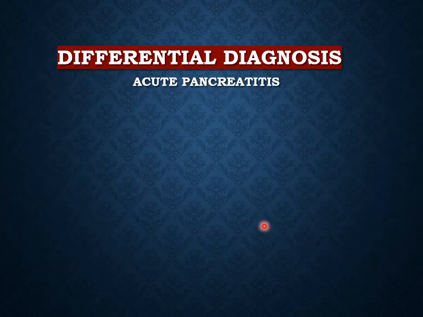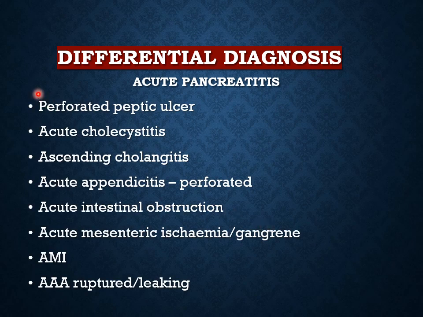Now, what are the differential diagnoses of acute pancreatitis? It's usually a young patient with severe abdominal pain, acute onset, vomiting, and signs of peritonitis. So these are the common differential diagnoses for this condition.